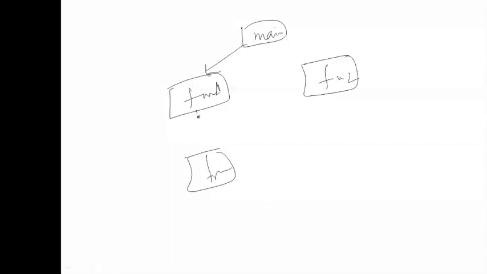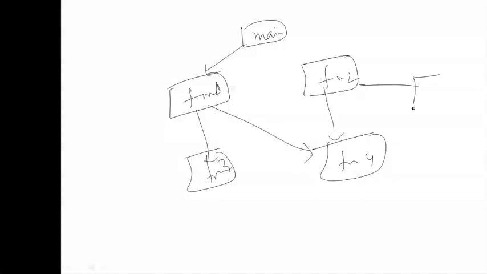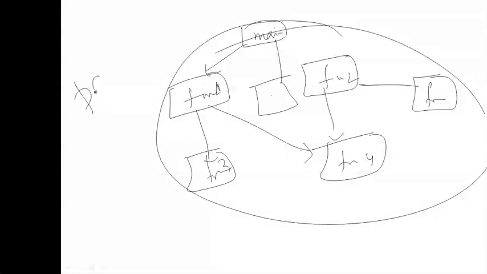Function 1 is calling function 3, function 2 is calling function 4, then 1 is calling 4, and main is calling another function. So this is the structure of procedure oriented programming language. Any problem will be solved in terms of functions, and in object oriented programming, any problem will be solved with the help of classes and objects.